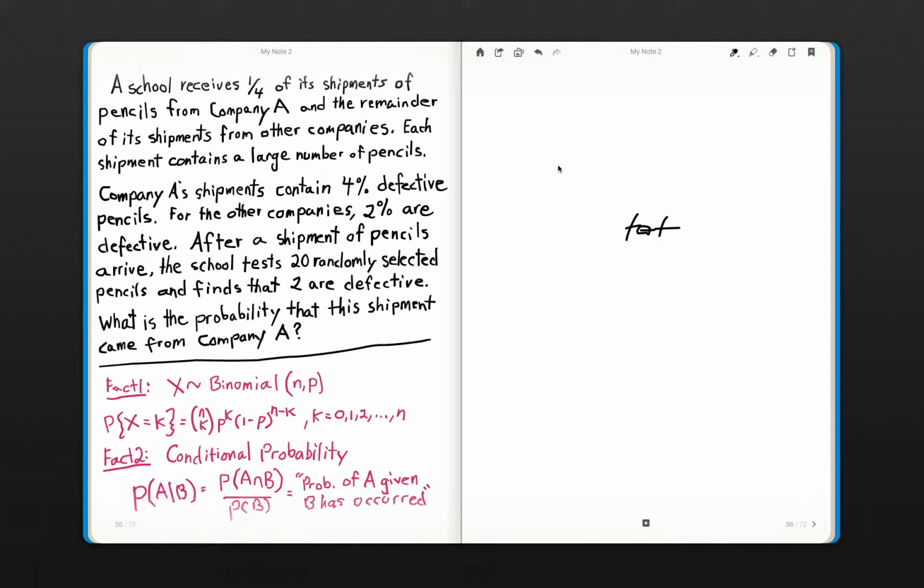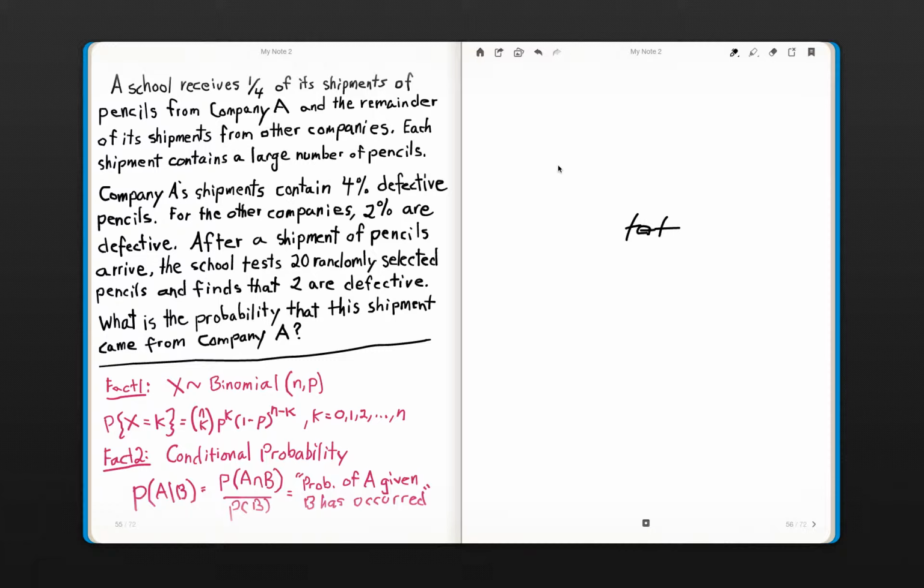And this one's actually modeled after one of the problems on an actuarial test. A school receives 1/4 of its shipment of pencils from Company A and the remainder of its shipments from other companies.